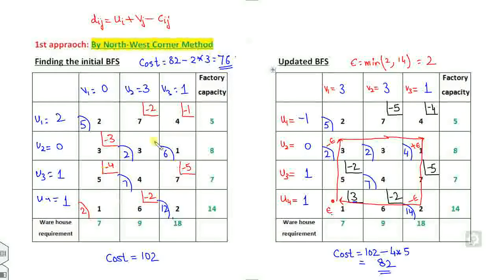Now since all the values are less than 0, this is the optimal cost. Our allocation says x11 is 5, x21 is 2, and so on, and the optimal cost is 76. So it means we needed 3 steps using the northwest corner method.